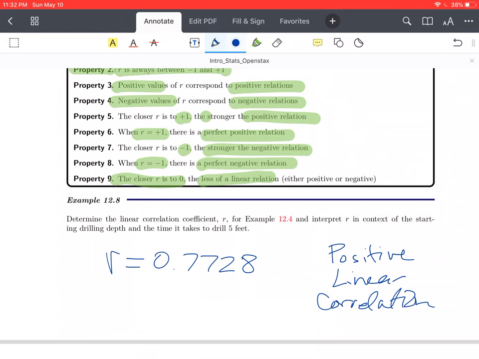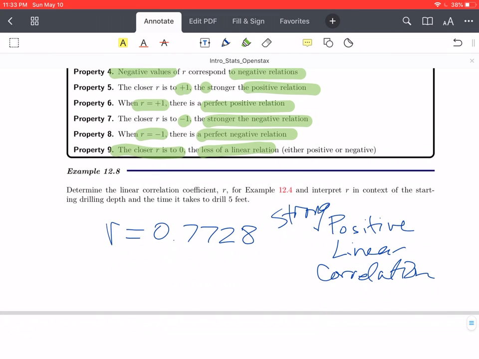And because this value is so close to 1, only 0.23 away from 1, I would say this is a strong positive linear correlation between these two variables. So between drilling depth and the time it takes to drill, there is a strong, positive relationship. Okay.